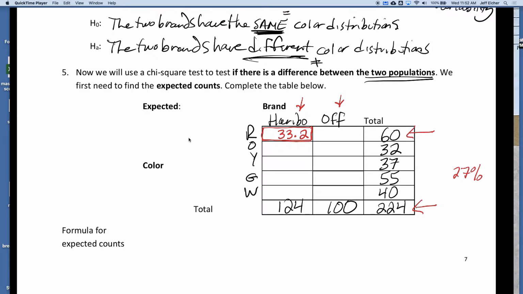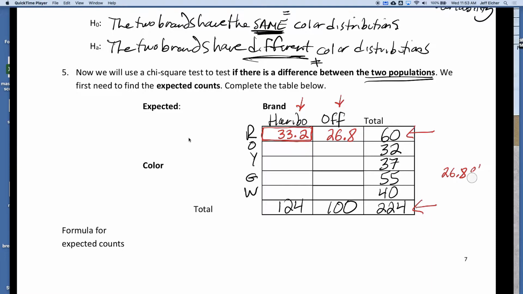And then likewise, we do 100 times 27%, and we would get 26.8. So roughly 27, but 26.8. How can you get 26.8 instead of 27? Yeah, I had rounded the 27. It's really 26.8%. Exactly. So that's how you calculate an expected count.